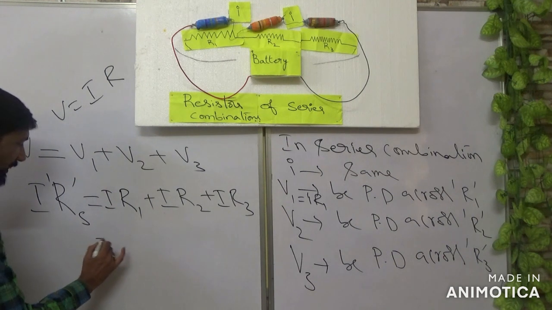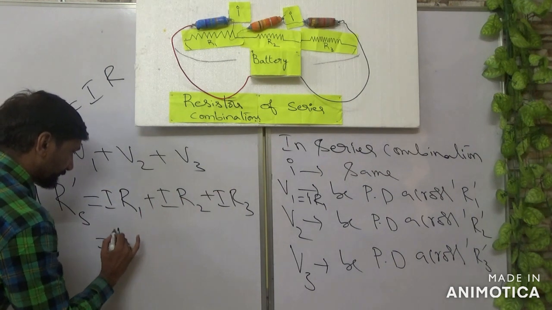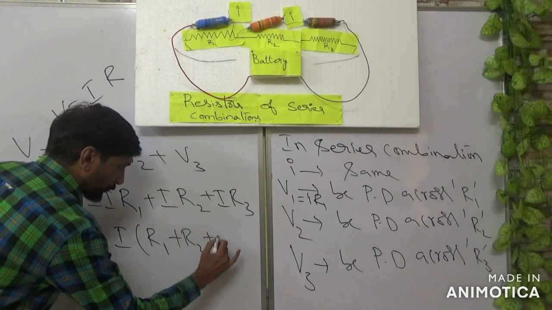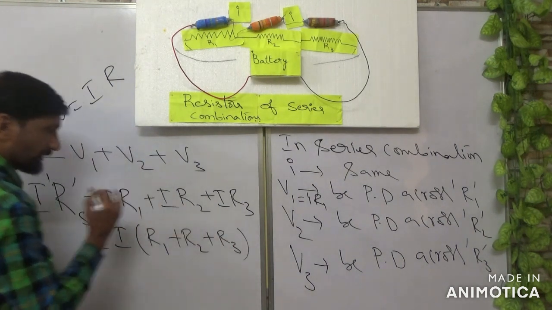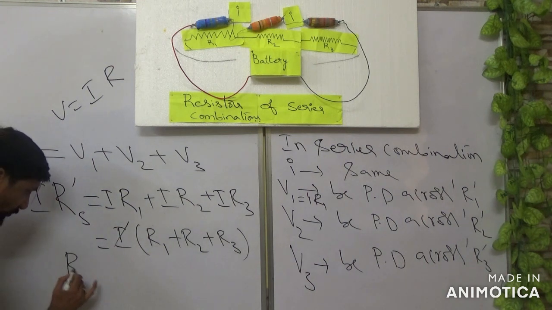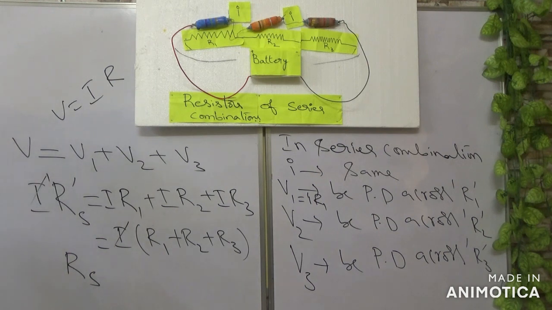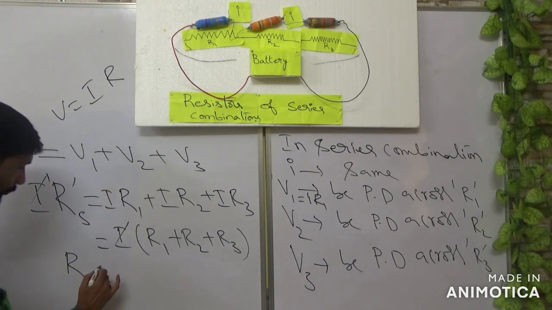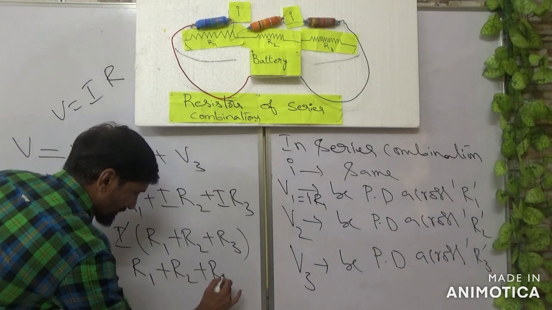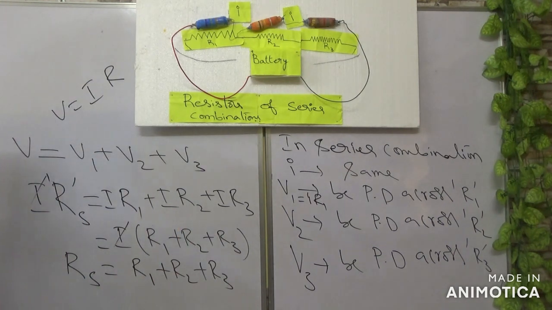Okay, so if you notice, I is common now. So R1 plus R2 plus R3. So I you can cancel. Therefore, effective resistance is equal to the sum of the resistances. So what do you notice?